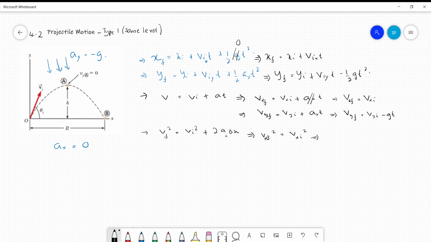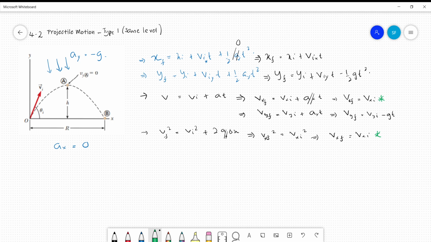Since ax equals 0, we have vx final equals vx initial. So you can see that this equation is the same as the earlier one.